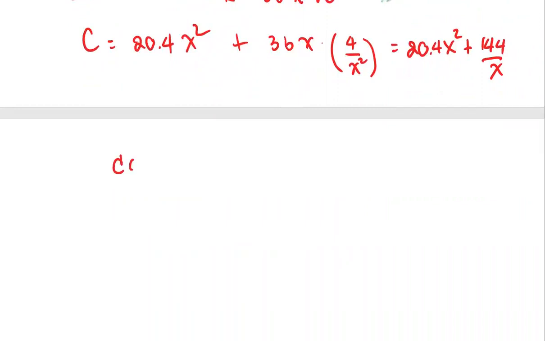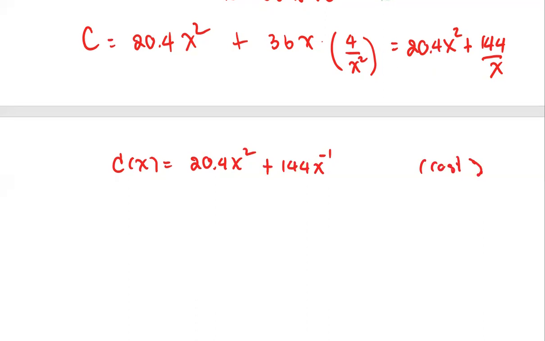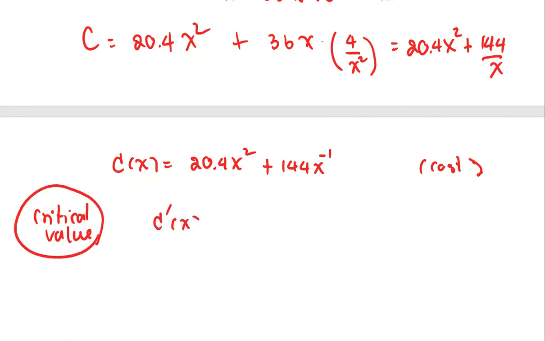Now the cost is in terms of x as 20.4 x squared plus 144 over x, and I'm going to rewrite it as a negative power. So this is the cost function, and our goal is to find what minimizes the cost. So we're going to find the critical value by finding the derivative of the cost function, where the slope is 0, or the lowest point of the curve.